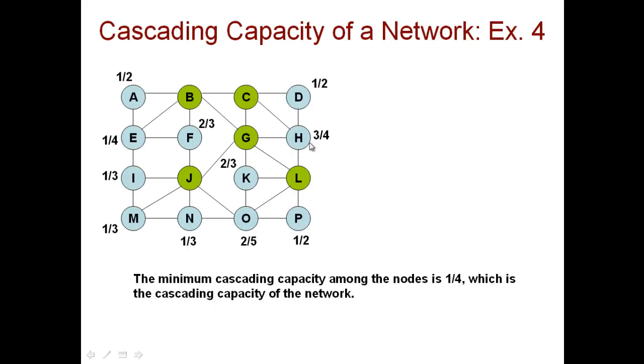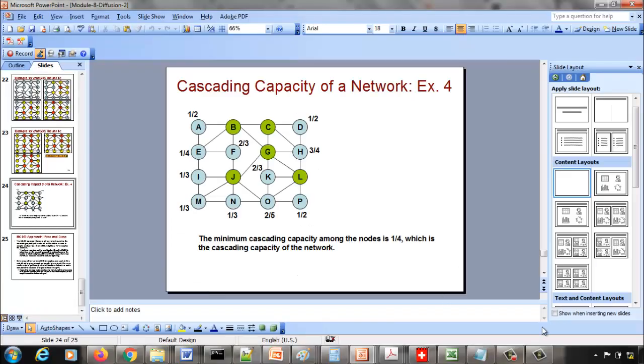So cascading capacity of node H is 3/4. So like that, you find the cascading capacities for every node in the network and take the minimum of these values, which is 1/4. So that is the cascading capacity of this network based on MCDS approach. So stop the video with this.